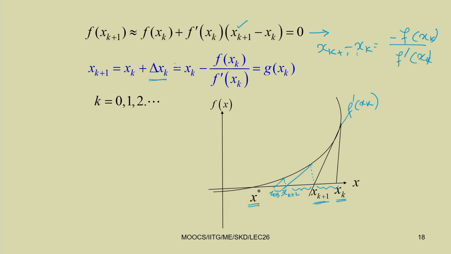This additional term can be obtained by finding f(x_k) by f'(x_k). So, this whole function can be written as g(x_k). So, this equation can be written as g(x_k) where k equal to 0, 1, 2. This way it can be written.